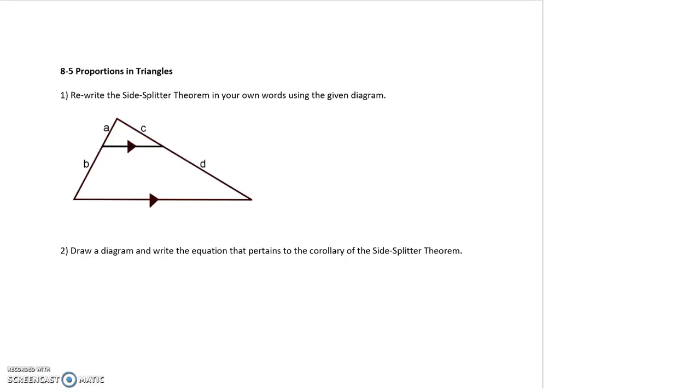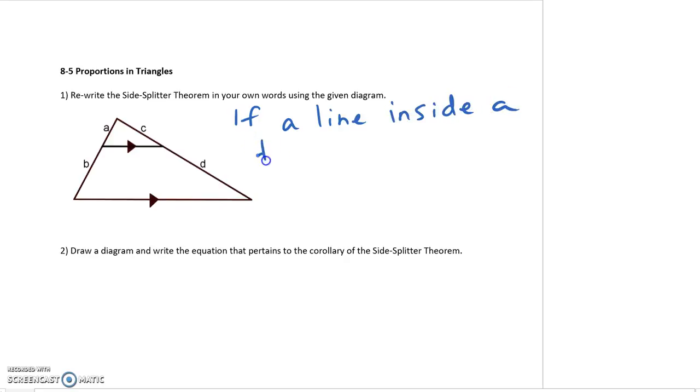I'll explain it. Basically, if there is a line inside the triangle that's parallel to one of the sides, if a line inside a triangle is parallel to one of the sides.